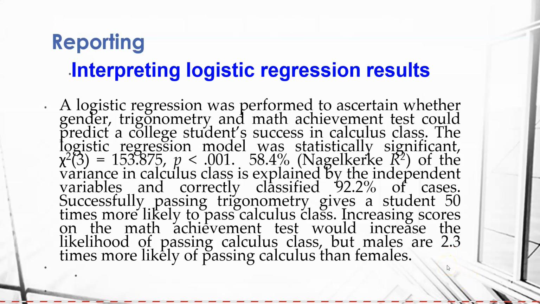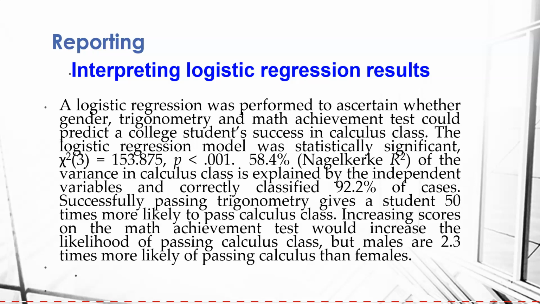Let's take a look at our reporting, interpreting logistic regression results. A logistic regression was performed to ascertain whether gender, trigonometry, and math achievement tests could predict a college student's success in calculus class. The logistic regression model was statistically significant.